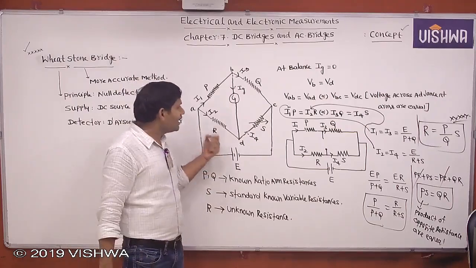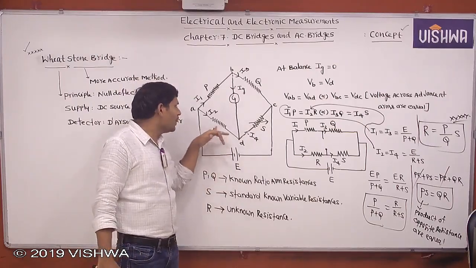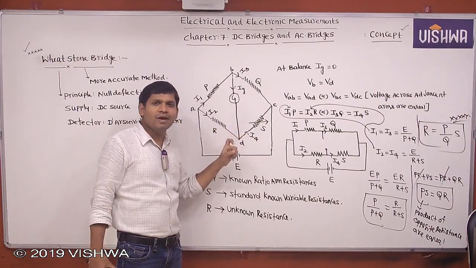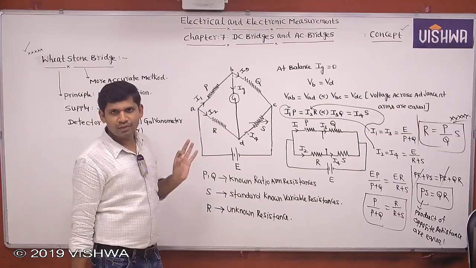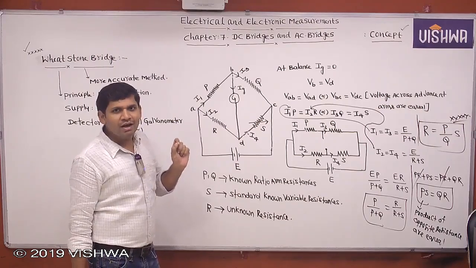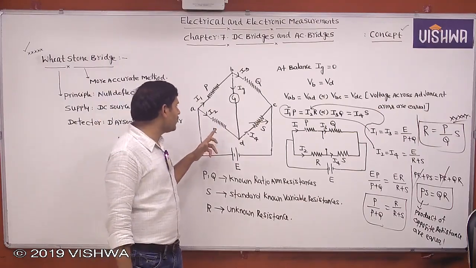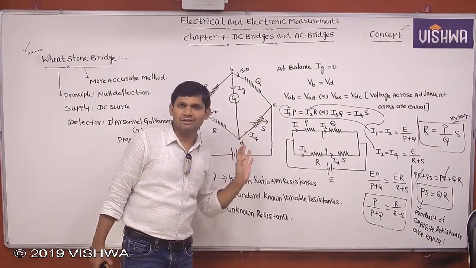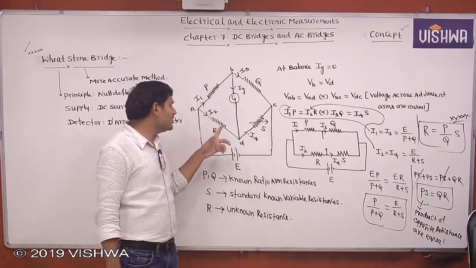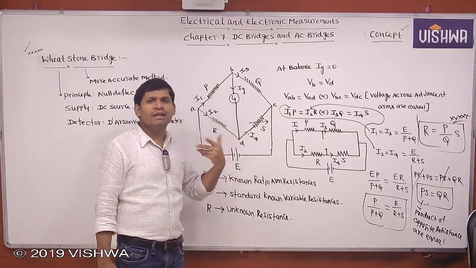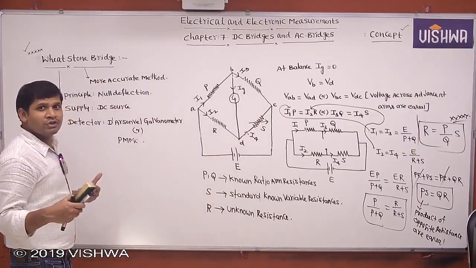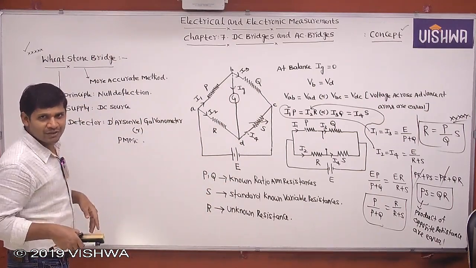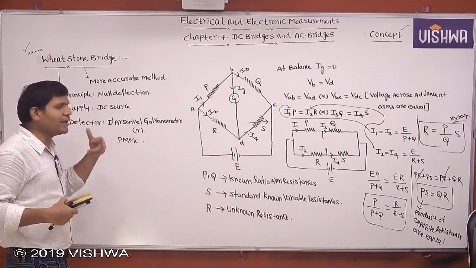But in the Wheatstone bridge, the unknown and variable are adjacent. That's why the Wheatstone bridge is also called a ratio arm bridge. Understood? It is a ratio arm bridge because the unknown and variable are adjacent. If they are opposite, it is a product arm bridge, and we'll see examples later in AC bridges. But the Wheatstone bridge is a ratio arm bridge.